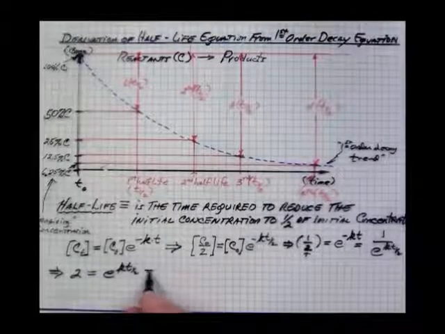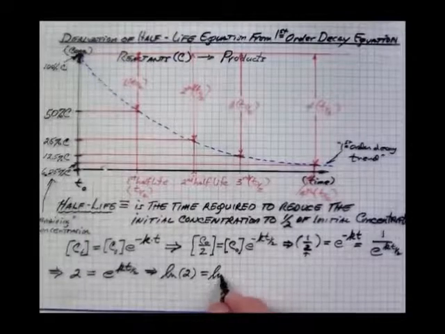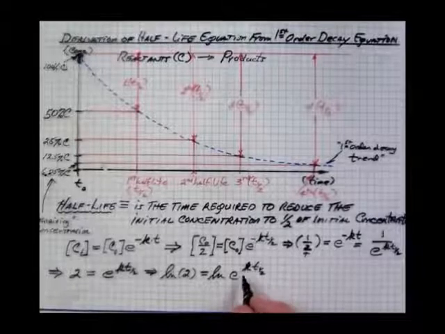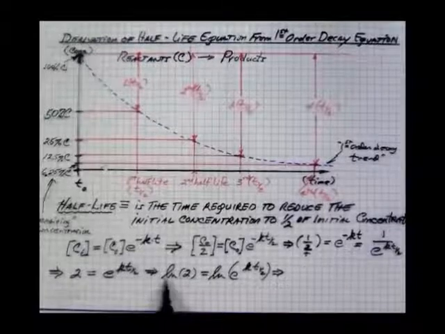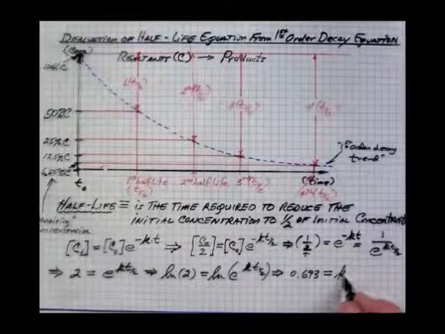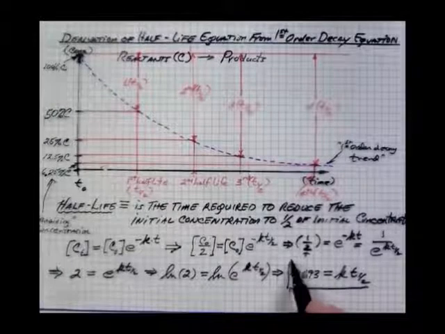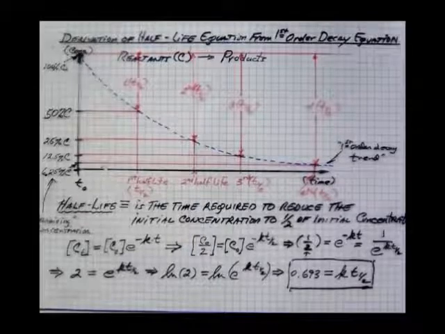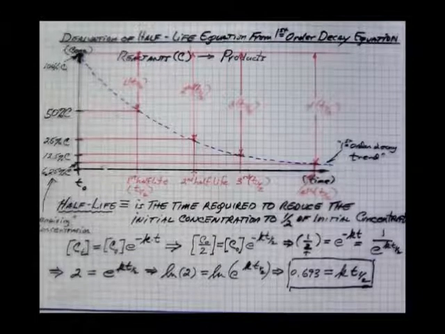If I take the natural log of both sides, ln of 2 equals ln of e to the kt to the 1/2, and I obtain ln of 2, which is 0.693, equals kt to the 1/2. This is what is generally called the half-life equation. So you'll have problems to work using the half-life equation.